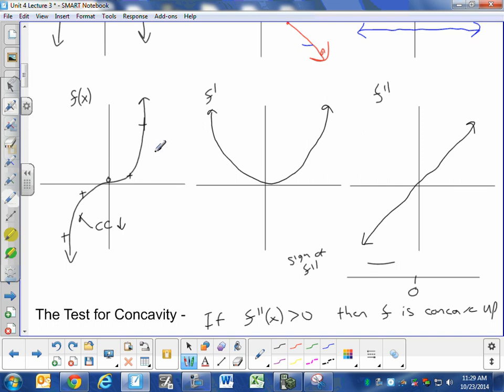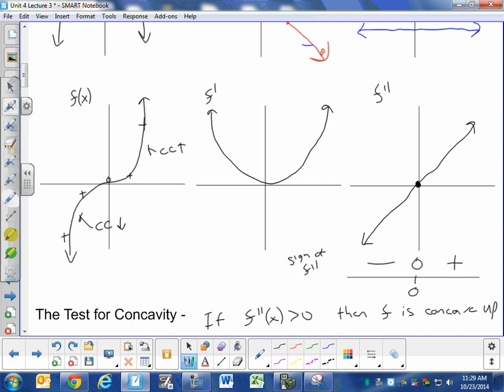Well, we can see from our graph that this is the piece where we are concave up, we are opening upwards. Well, the sign of f double prime is positive here. Notice right at 0, we have a point where f double prime equals 0. That's a point where we don't have concavity.